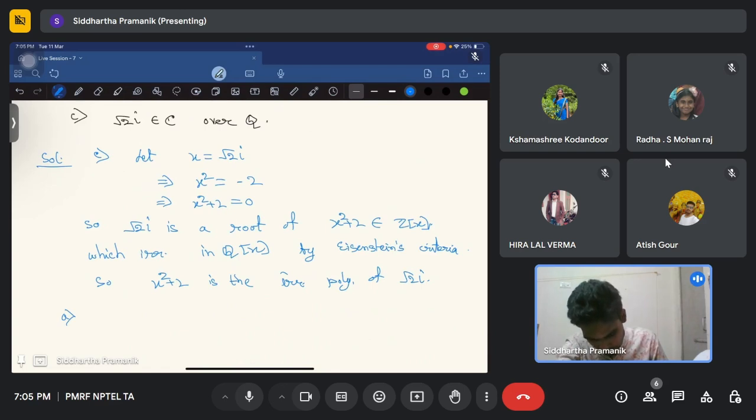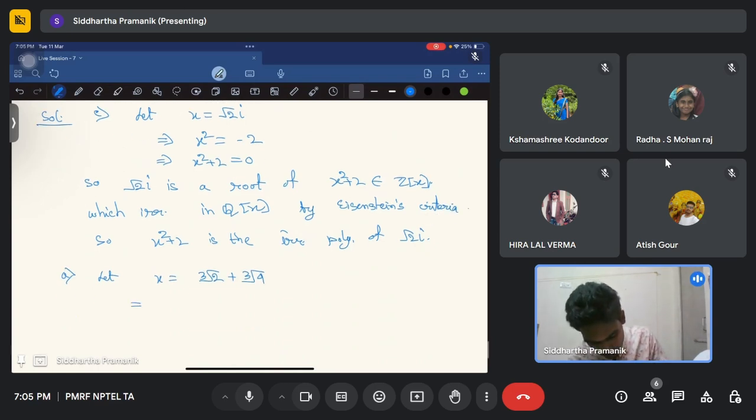So here also, let x equal cube root of 2 plus cube root of 4, right? Then we just need to simplify it.